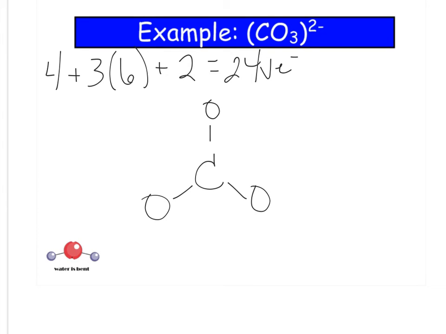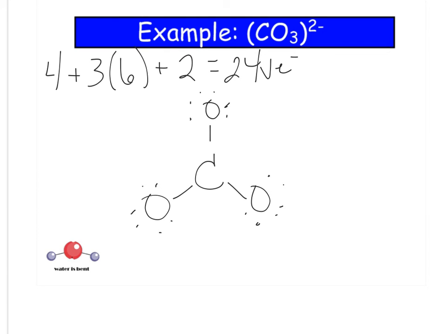Okay, so I've got 2, 4, 6. I need 24. So 2, 4, 6, 7, 8, up to 24. Okay, I've used all my electrons. All my oxygens have 8 valence electrons around them, but carbon, 2, 4, 6, only has 6.